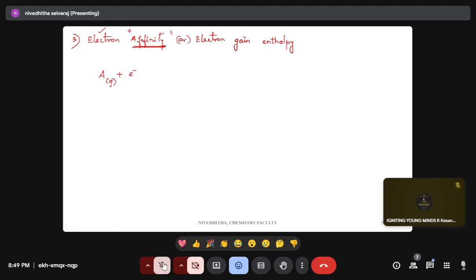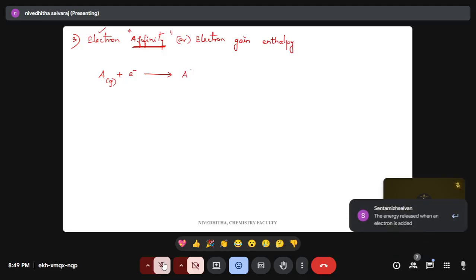If this atom gains one electron, then it will get converted into an anion. And what will be the charge on this system? Since it is gaining only one electron, this will have only one negative charge. So if an atom accepts one electron so happily, then that atom has higher electron affinity.